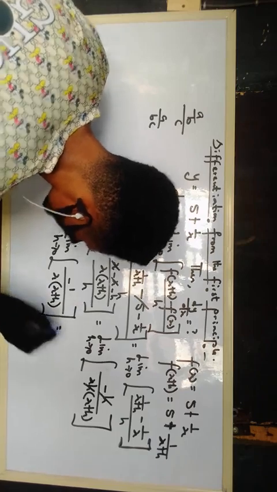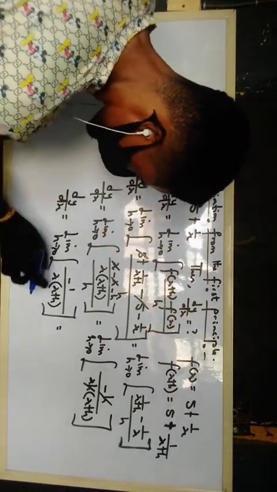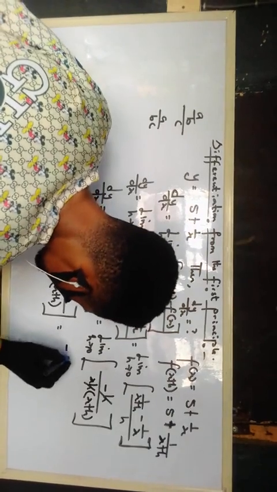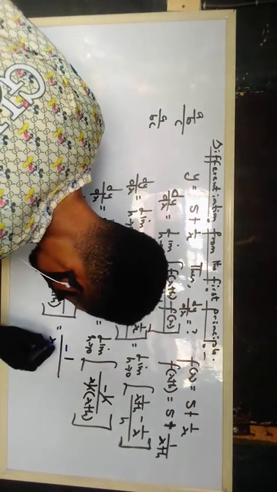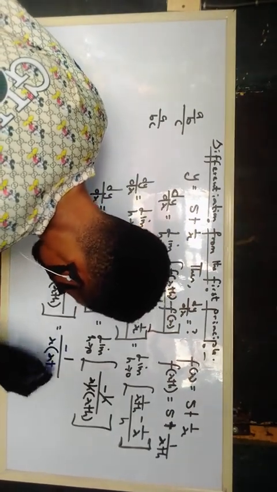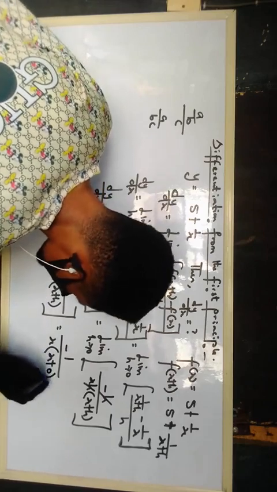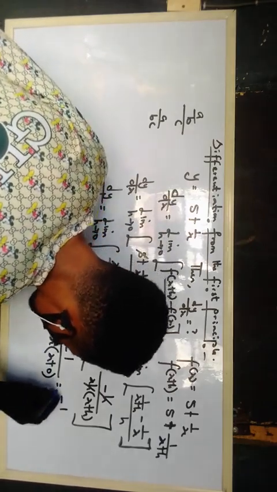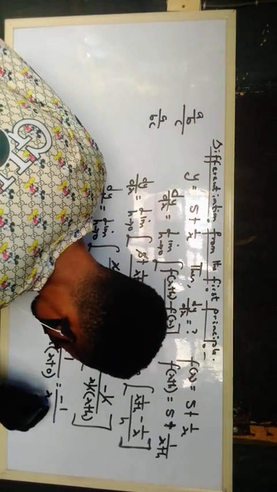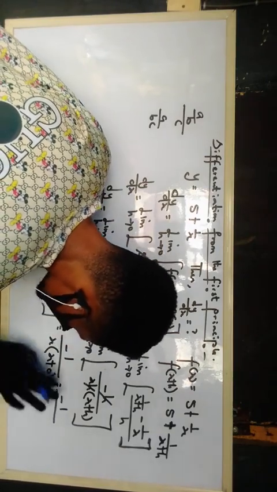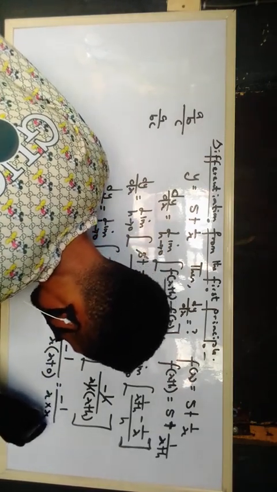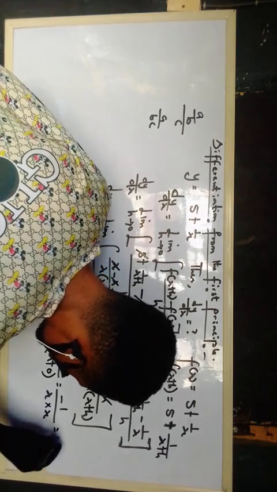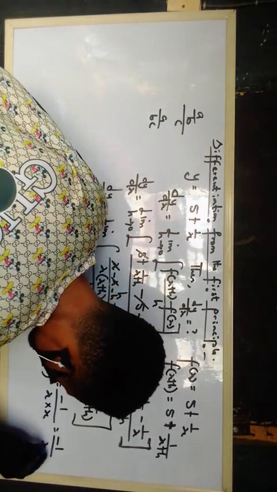So now as h is approaching 0 here, we have negative 1 over x open bracket x plus 0 here. So we have negative 1 all over x plus 0 is x, times x. So this is giving us negative 1 over x squared.